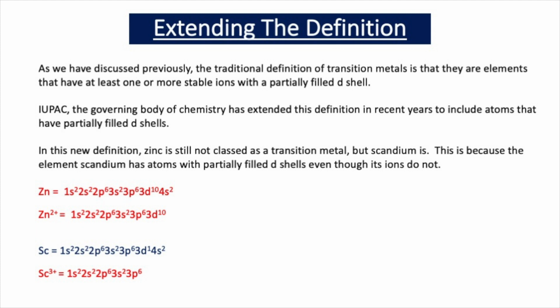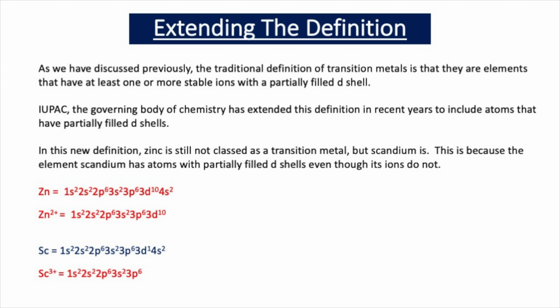So if we look at the electron configuration of scandium, you see it's 1s2, 2s2, 2p6, 3s2, 3p6, 3d1, 4s2, and it does have an atom with a partially filled D shell. It's got one electron in the D shell. Now, its only stable ion is Sc3+.